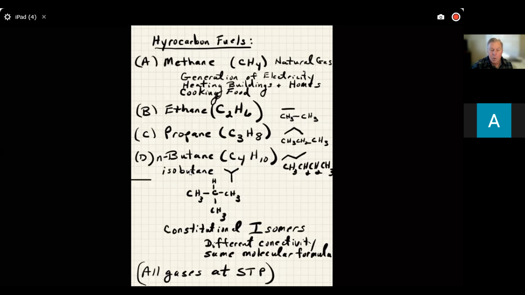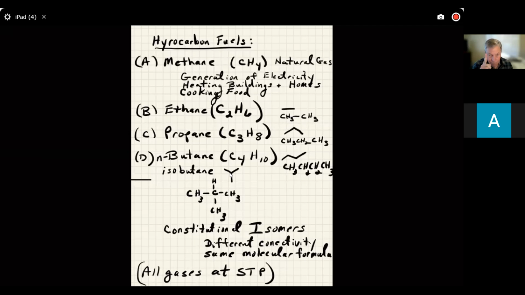Now, what is isobutane? Isobutane is an isomer. We're going to talk about this in a minute. It's a constitutional isomer of N-butane, okay? Now, what is isobutane? CH3. Now, look at this bond here right in the middle of the Y. So there's a carbon atom, and it has 3 bonds to it, doesn't it? How many more does that carbon need?